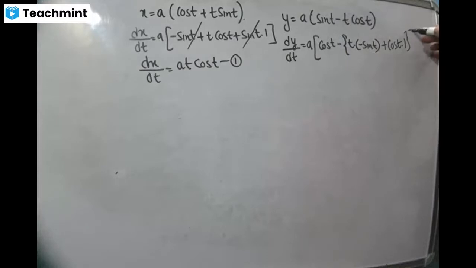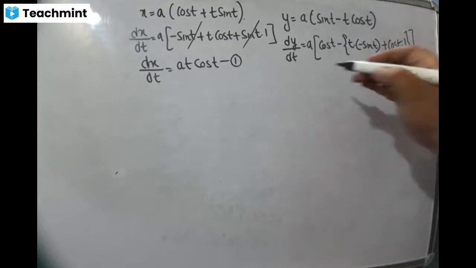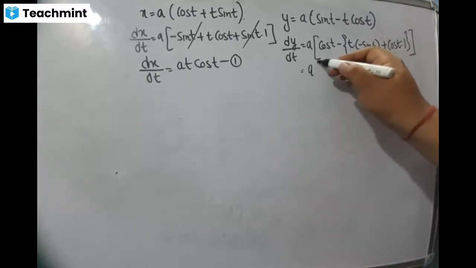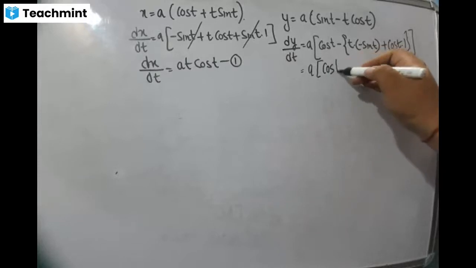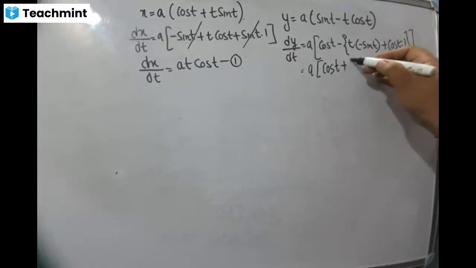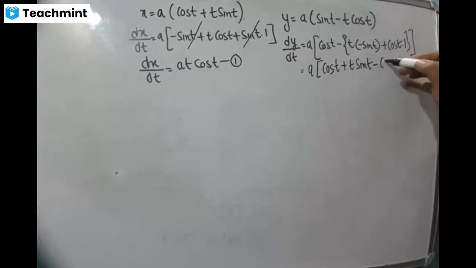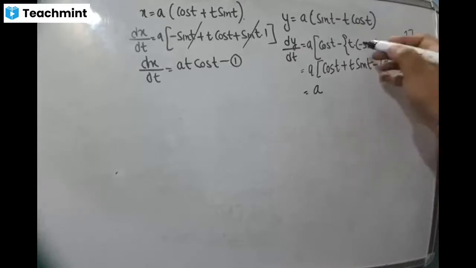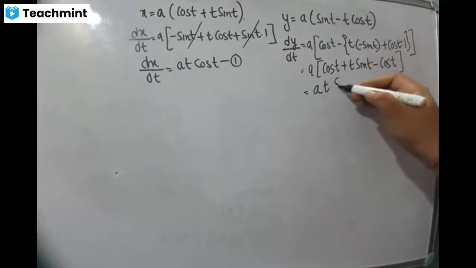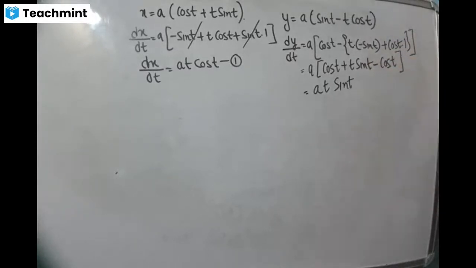Close the curly bracket. Open the bracket and you get cos t, minus into minus is plus t sin t, minus into plus is minus cos t. So cos t and cos t get cancelled, and you're left with at sin t.